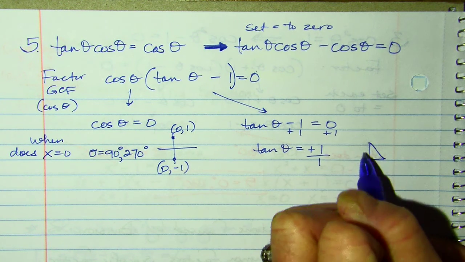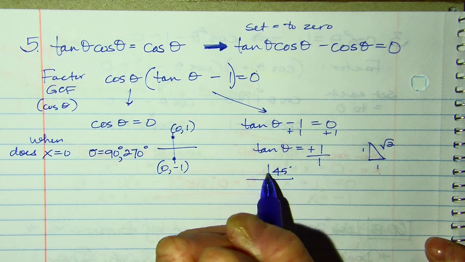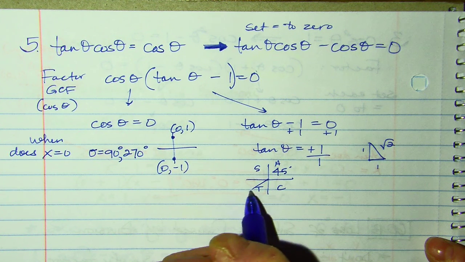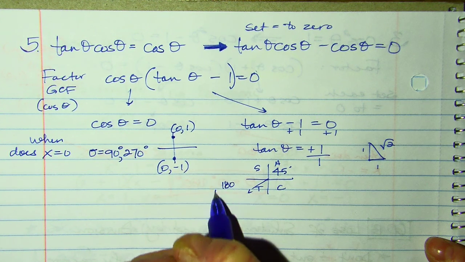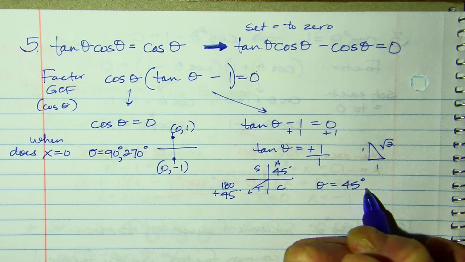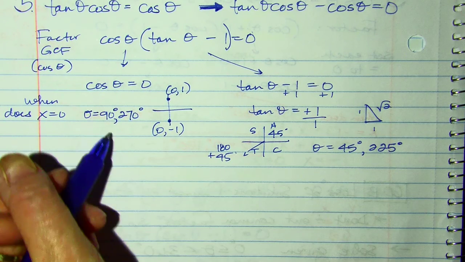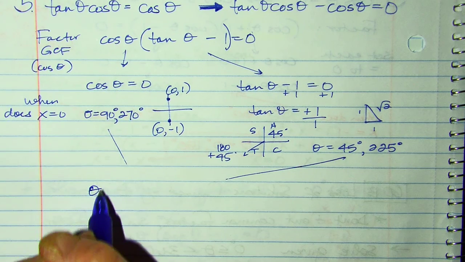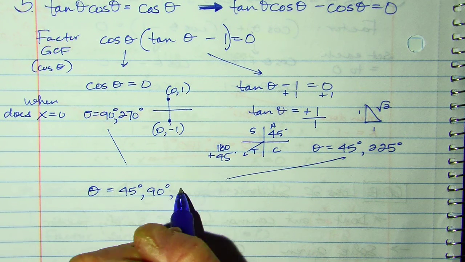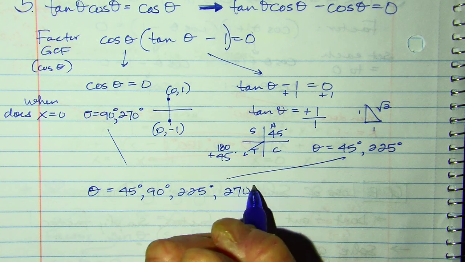So I know that that is the 45 degrees. And all students take calculus. That would be here at 180 plus 45 degrees. So theta equals 45 degrees and 225. So I'm going to write those together. Theta equals 45 degrees, 90 degrees, 225 degrees, and 270 degrees.